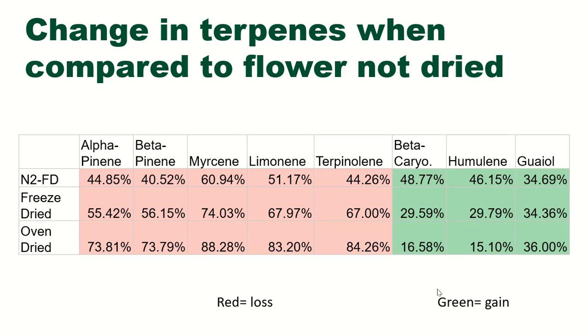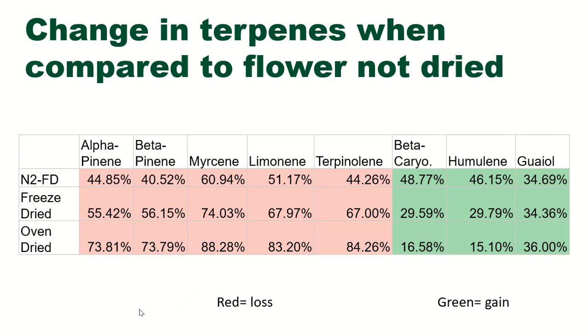All right, and we're looking here in the green, which represents a gain. So the oven-dried lost 73% of its total alpha pinene, but it also gained 16% beta-caryophyllene when compared to the flower that was not dried at all.